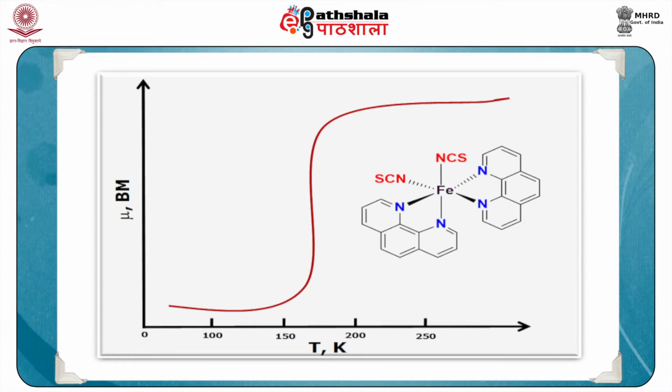But as the temperature is lowered, a sharp drop in magnetic moment is observed at 175 Kelvin and the low spin form of the complex becomes dominant. This indicates that at 175 Kelvin, the complex exists as both high spin and low spin complex. Thus, the magnetism of the complex changes sharply at 174 Kelvin as shown here on the screen.